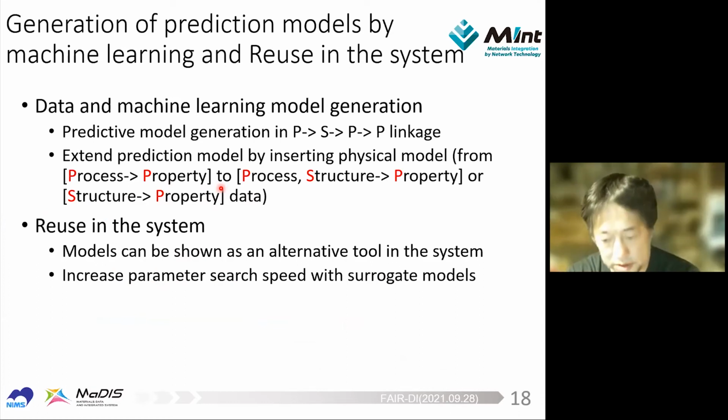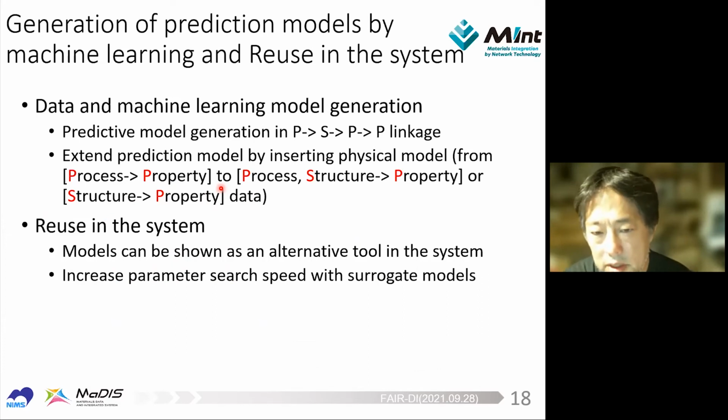After that, we are making structured data, because basically for structural materials, we can get data described as a relation of process and property, for example, chemical condition and temperature, and the strength of the material.